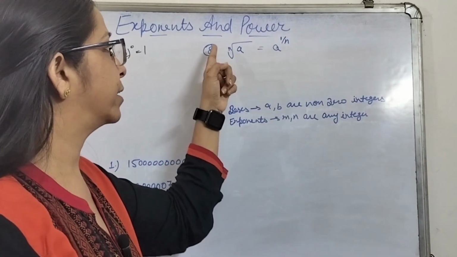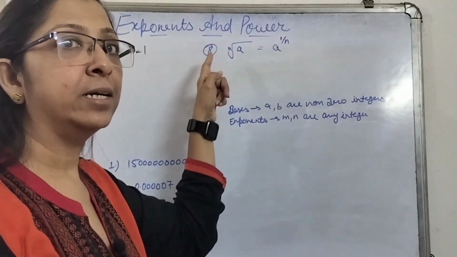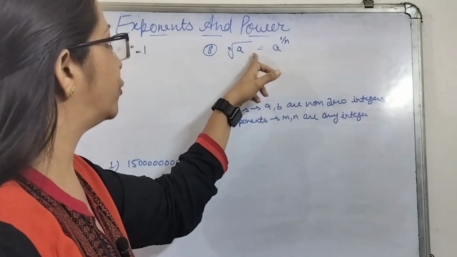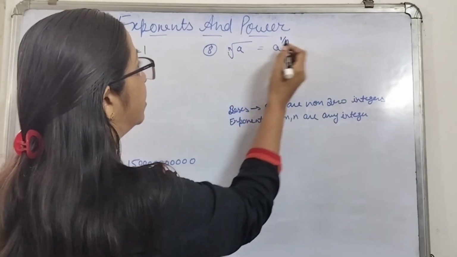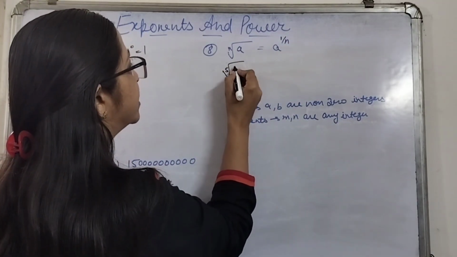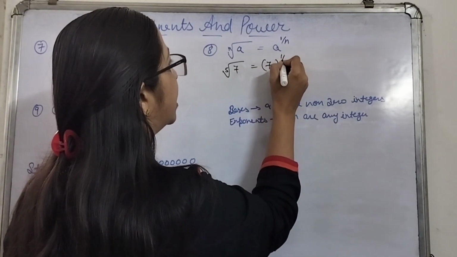the nth root of a. If we write this radical sign and over here we write n, that simply means the nth root. The nth root of a means a raised to the power 1 upon n. Suppose I say the fifth root of 7. That simply means 7 raised to the power 1 upon 5.